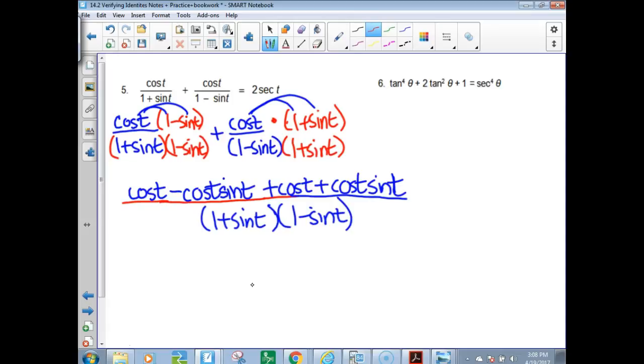All right, now I want to do some simplifying. I have a cosine t plus another cosine t. So how many do I have? 2 of them. I have a negative cosine t sine t and a positive cosine t sine t, so those cancel out.